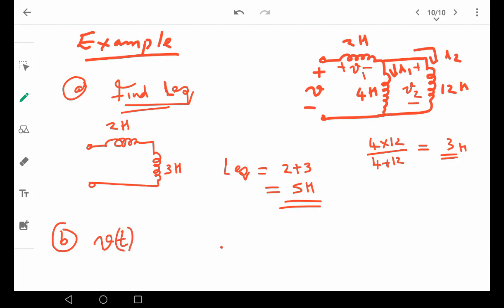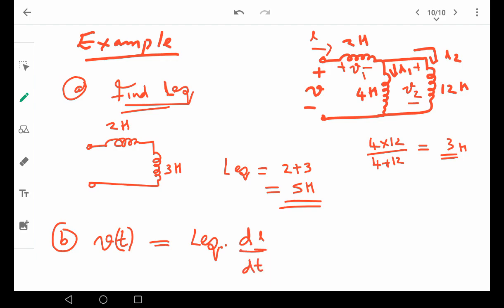You know VT is given by L equivalent into di. This is a current I going inside here. L di by dt.